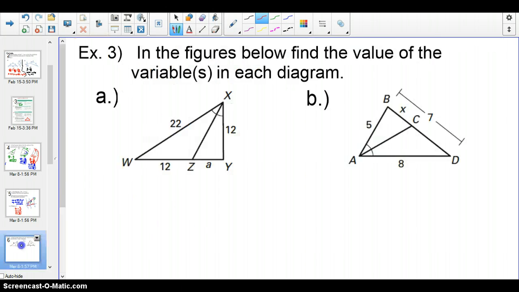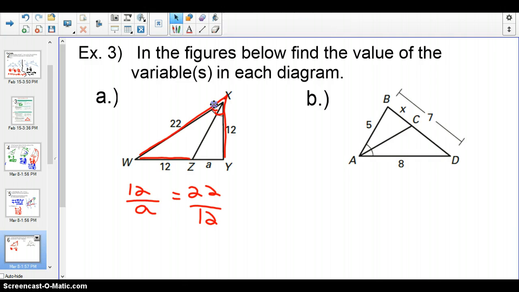Okay, so we're going to use that. So here I've got this ray that bisects this angle. Good. So I know that 12 is proportional to A, just like 22 is proportional to this 12 here.